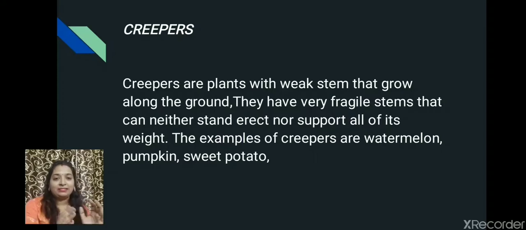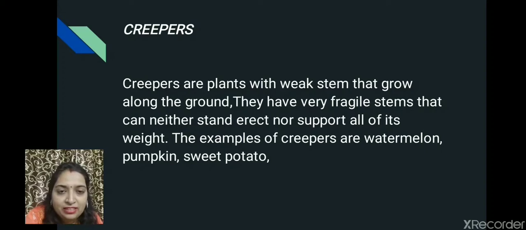Because big size plant will be of very heavy weight, so they will fall down. They will not be able to grow on any plant. So that's why as itself creeper plants, they grow along the ground. So the big size plant, they are there on the ground only, so there is no need to carry their weight. That's why big sized fruits, most of the big sized fruits, they grow as creepers, like pumpkin, like watermelon.